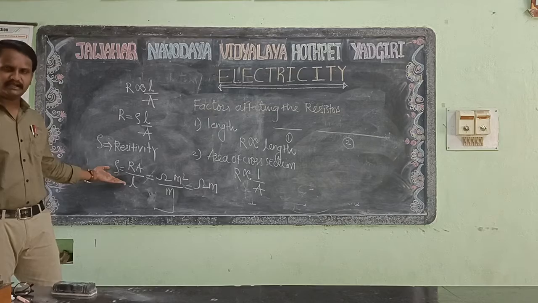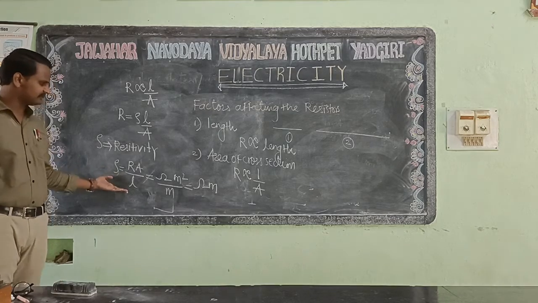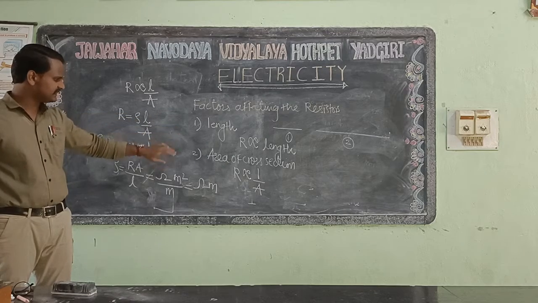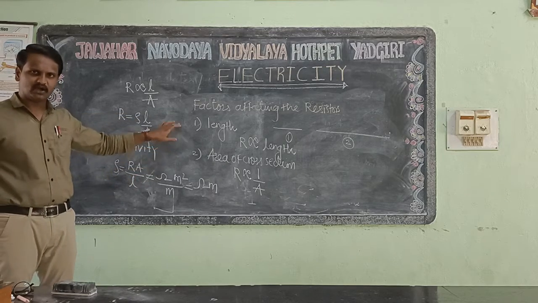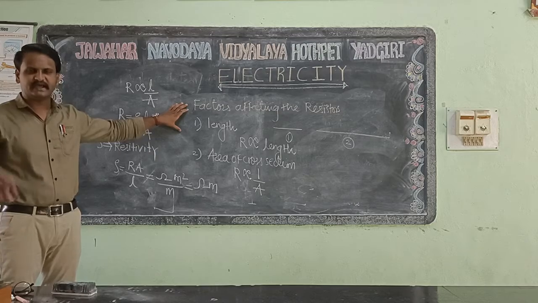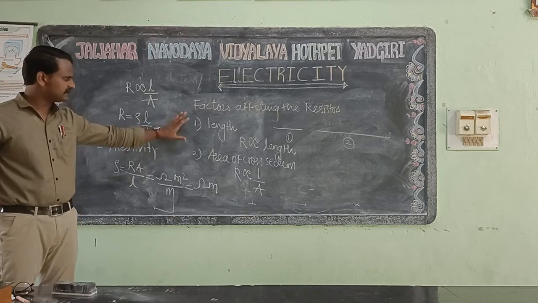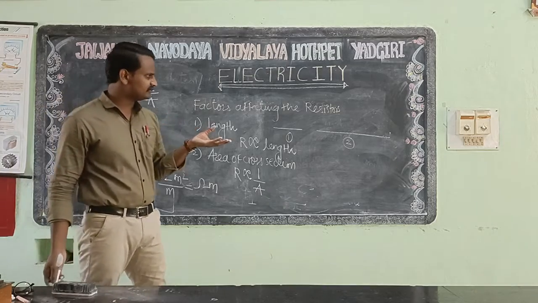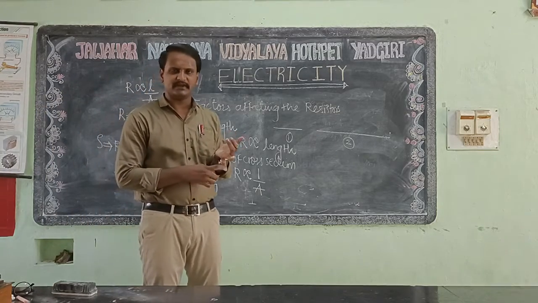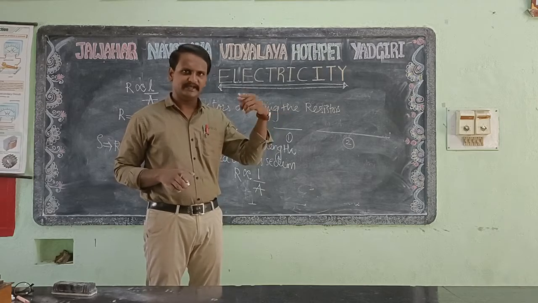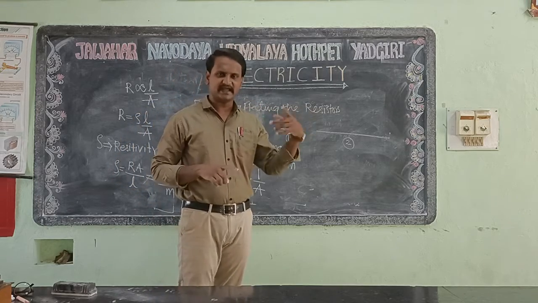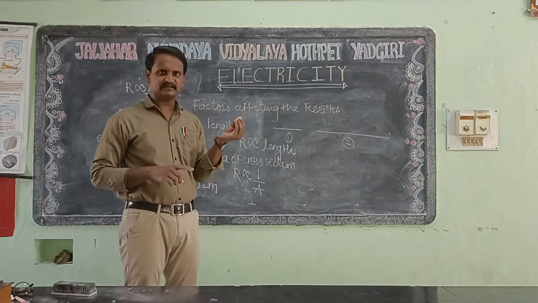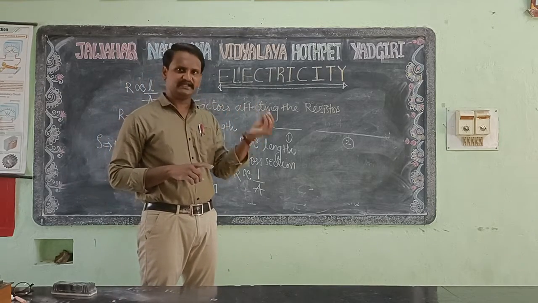Each material or each metal has a specific resistivity. The difference between resistance and resistivity is that resistivity is the property of the material which defines the resistance. As the number of atoms increases, the free electrons coming out of the valence shell strike each other, so the flow of charges sometimes decreases.